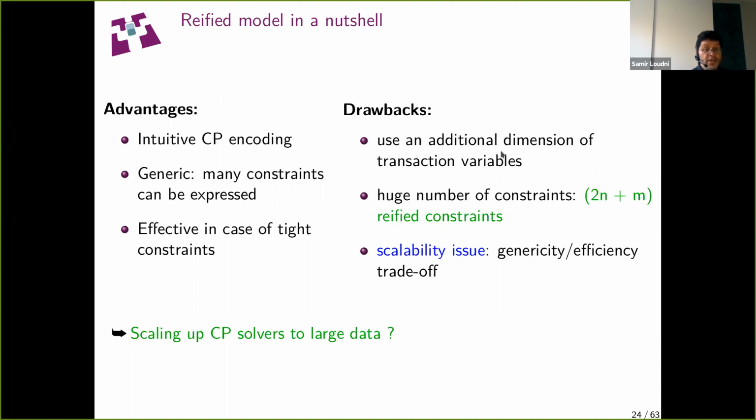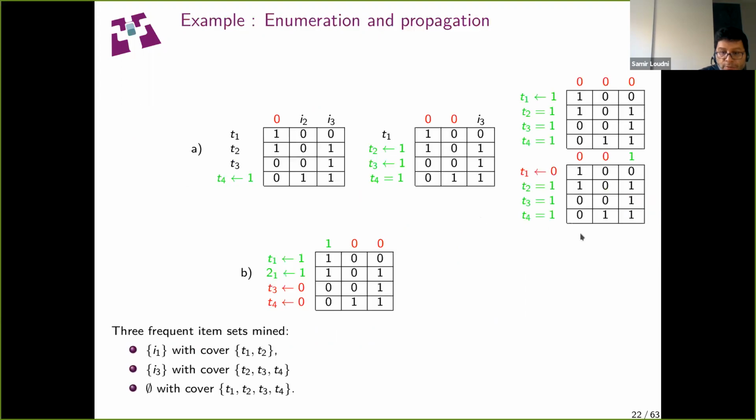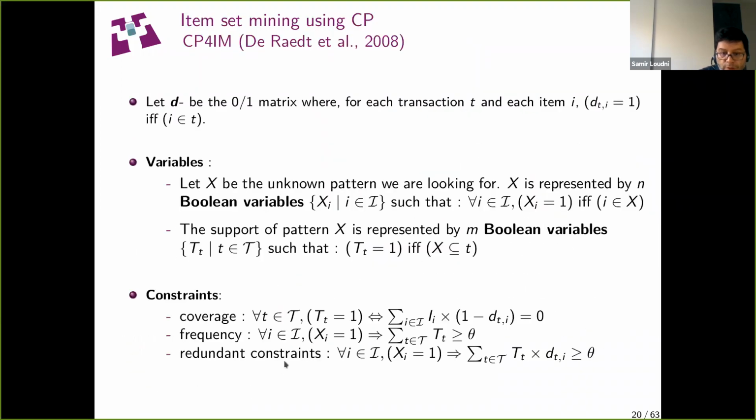First, as you can remark here, we need an important number of variables and constraints to encode, for instance, the frequency mining problem. So here we need n plus m variables and n plus m constraints only to encode the frequency mining problem, without considering the redundancy constraint.